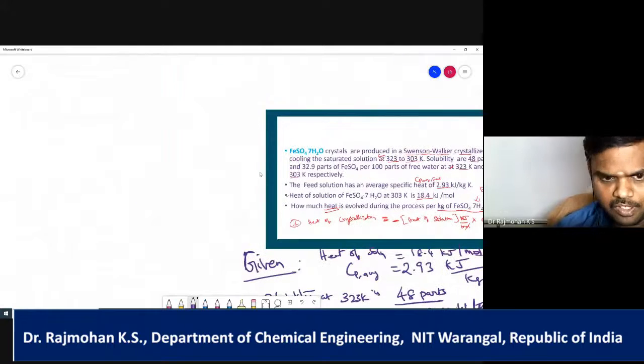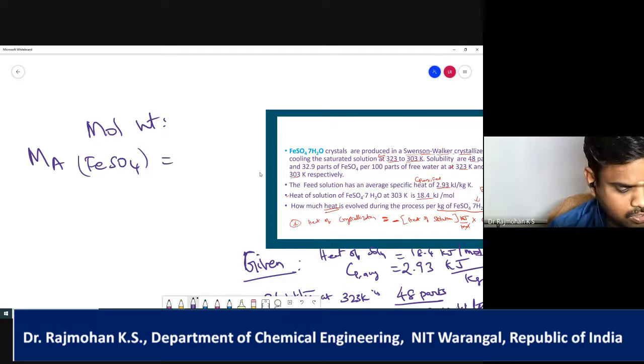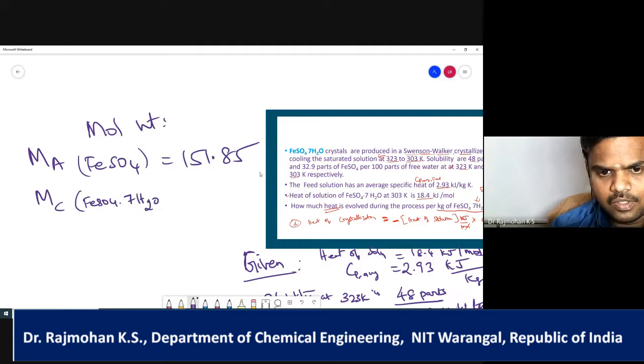So first determine the molecular weight of A. Molecular weight of A, that is FeSO4, is equal to 151.85, and molecular weight of the crystal, that is FeSO4·7H2O, is that plus 7 times water molecular weight, 18 into 7, 126.